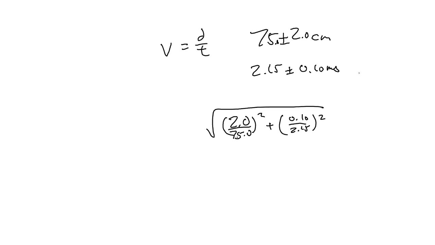And so if we take this into our calculator, we have 2 over 75 squared plus 0.1 over 2.15 squared. And that's going to give us around 5.4%. This is going to have an uncertainty of around 5.4%.